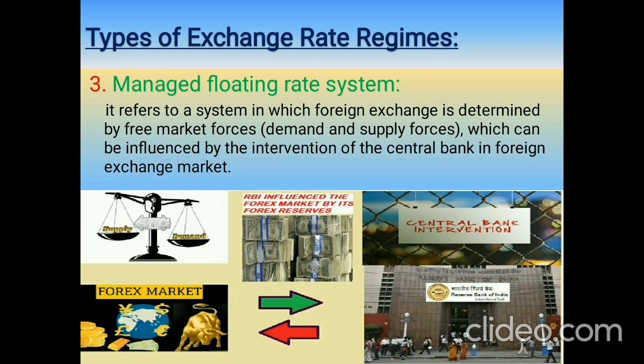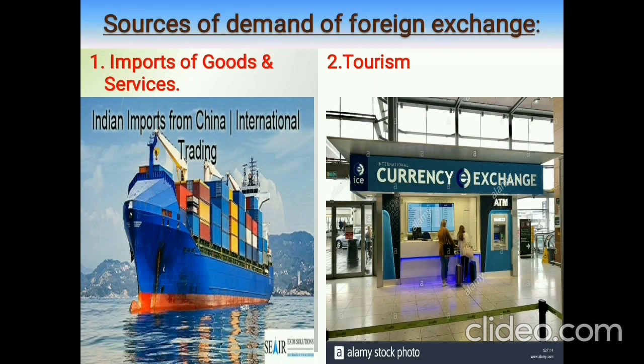So we move to the next section of this chapter. Here we are able to answer the question: why do we demand foreign exchange, or what are the sources of demand for foreign exchange?